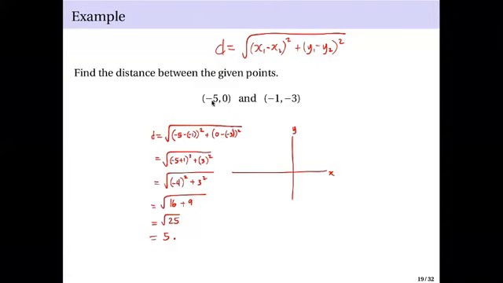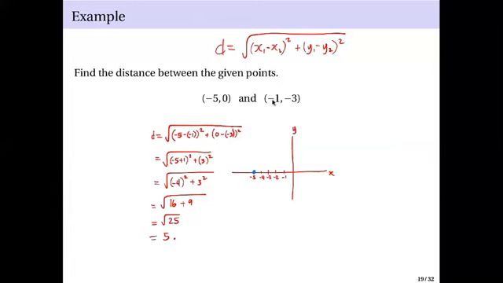So negative 5 on the x-axis: 1, 2, 3, 4, 5. So this is negative 5, negative 4, negative 3, negative 2, negative 1. And then your y coordinate, it's just 0. So you actually have this point.